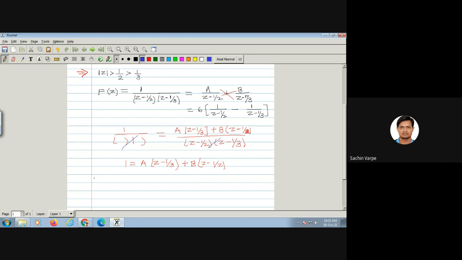So for z equal to half, I'm getting the value of a. What is that? 1 is equal to a into half minus 1 by 3, that implies a into 1 by 6. So if I multiply both sides by 6, I'll get a to be 6. Is it okay? 1 by 6. I think Mustafa has asked, no?